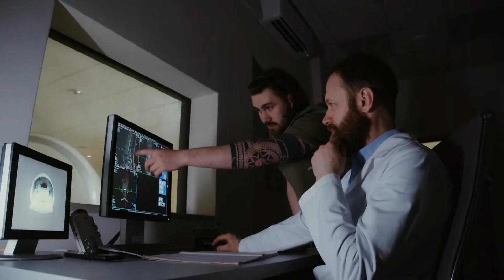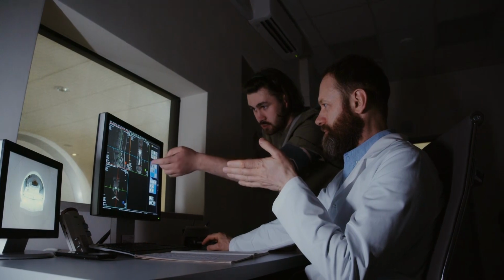These technologies have revolutionized medical diagnostics and are essential tools for healthcare professionals in the diagnosis and treatment of various medical conditions. Now, we are going to discuss continuous glucose monitoring systems.